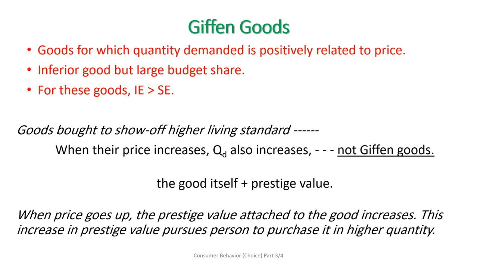So, when the price goes up, the prestige value attached to the good increases. This increase in the prestige value persuades the person to purchase it in higher quantity. Keep in mind that Giffen goods are actually inferior commodities. Prestige goods are not inferior by any means, so they cannot be Giffen.